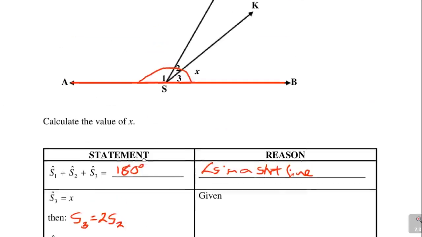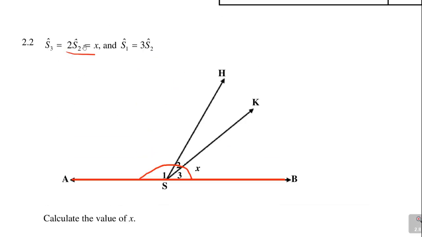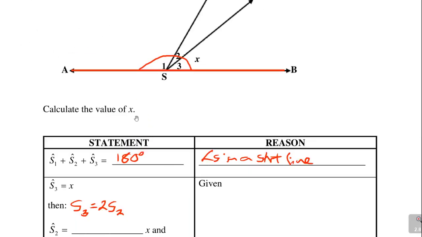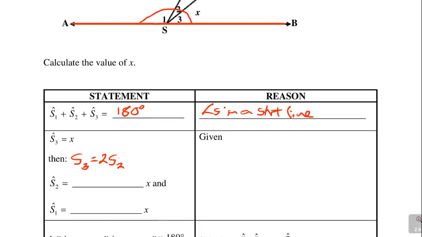You see that? There it is. S3 is equal to 2S2. But this is equal to what? This is equal to X. Are you seeing that? So what you have here, you can now divide by 2, because you want to get rid of that 2, you divide by 2 here, you will get rid of that.